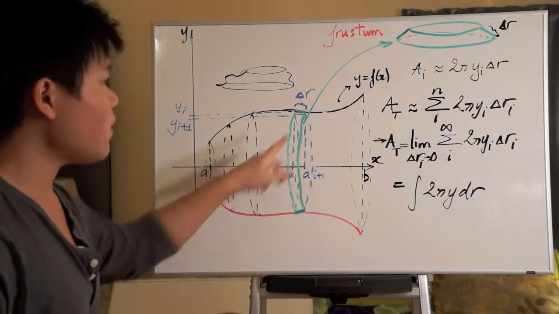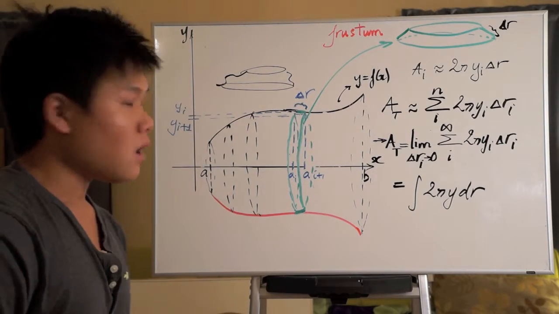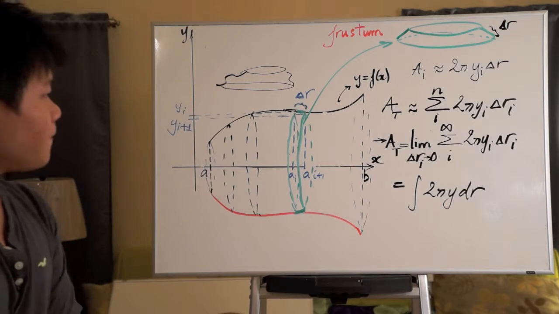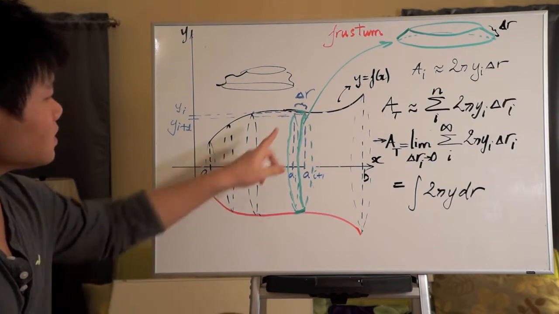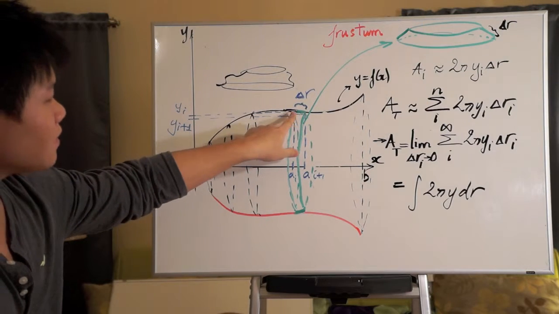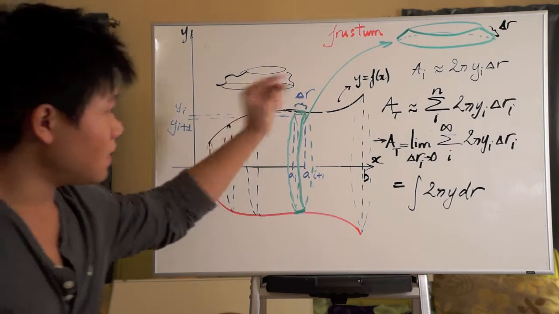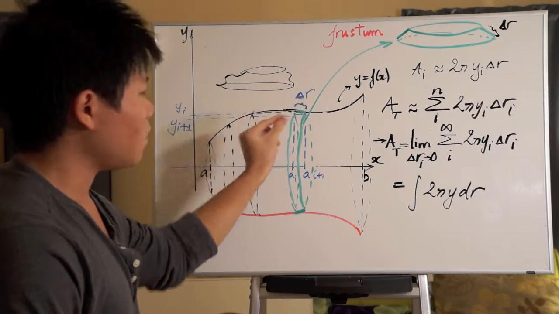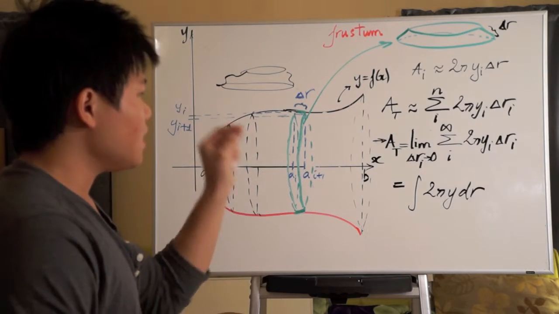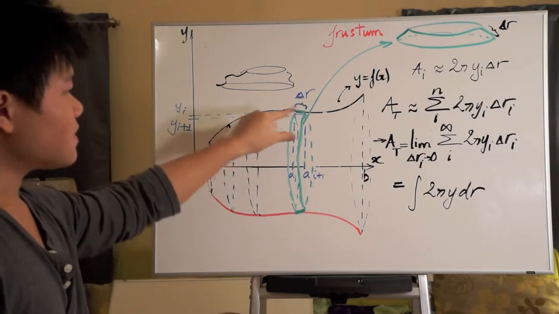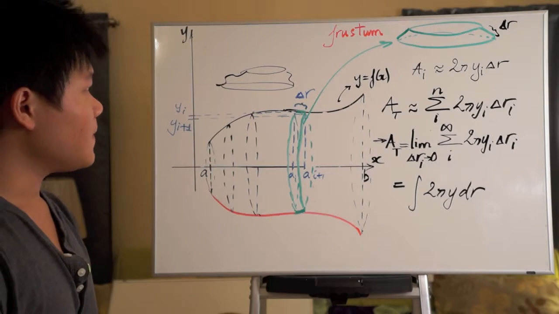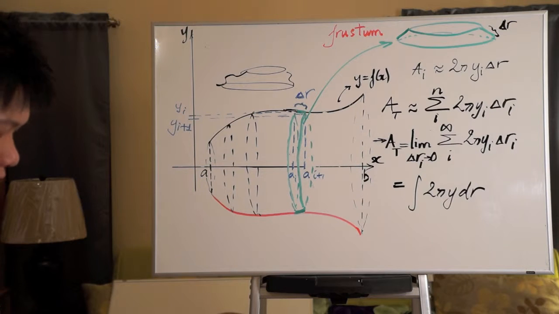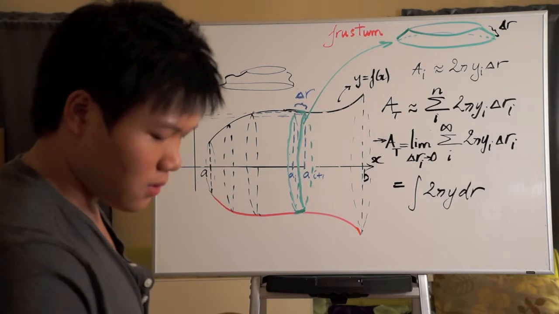But the thing is, we don't have a function for r. r is just a symbol for us to denote the length of the side of the frustum. How long are we going to dissect the surface area into small frustums? So that is dr.